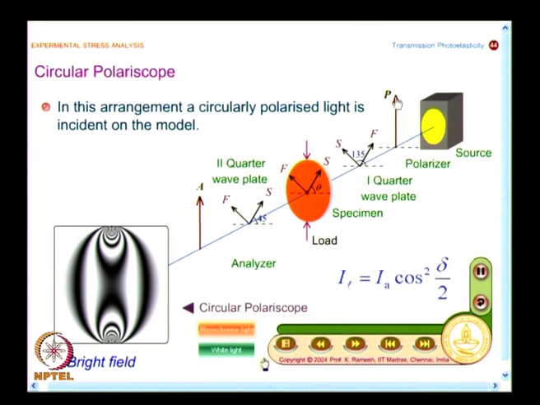And I have the polarizer, and what I see here is that when I keep the analyzer parallel to the polarizer, I have the background as bright.